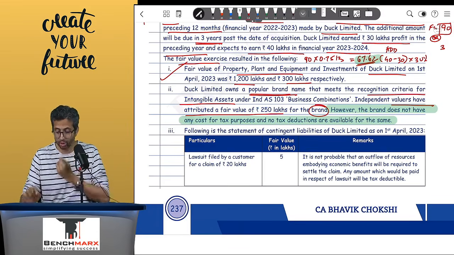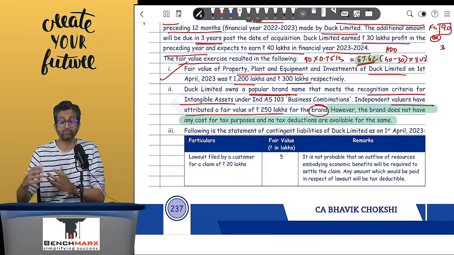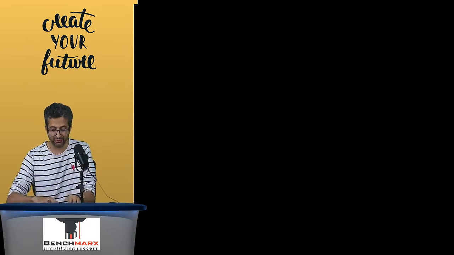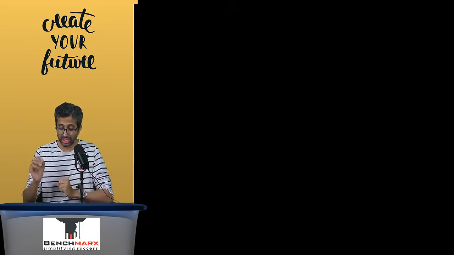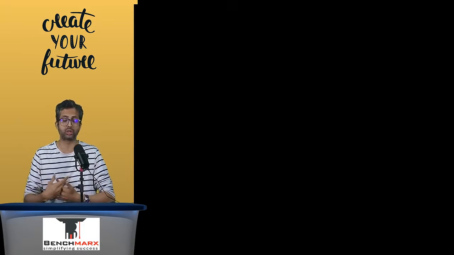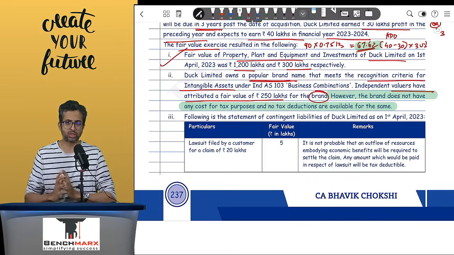However, when we look at this sentence, on the face of it, it appears that the brand should not have any tax impact. So there is no deferred tax, but that is not exactly what this question tells you. If you go to see, what is written over here is that the brand does not have any cost for tax purposes. Just a second. The brand does not have any cost for tax purposes. What does it mean?